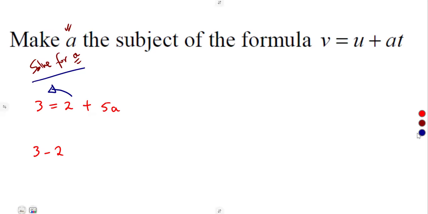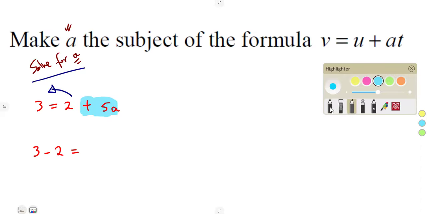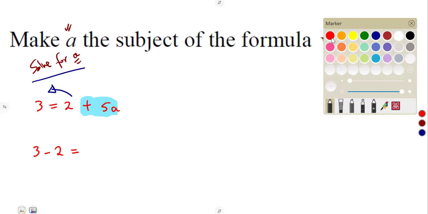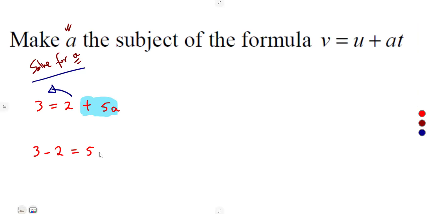So it will be 3 minus 2 is equal to what? Since 5A is positive, you're just going to write it as 5A. This is how you're solving. Remember those basics of equations that you had before.